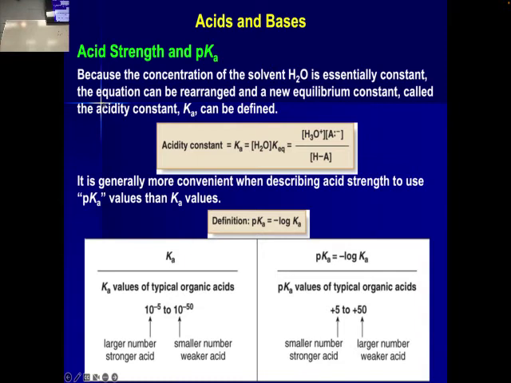Think about what you were dealing with in general chemistry. You were typically dealing with things that were 1 molar or less, right? And you called those concentrated. But pure water, when you drink it, it's 55 or 56 molar. I forget the exact value. So if I add a little bit of HA to the water, am I really going to change the concentration of water to any great degree? Not really.